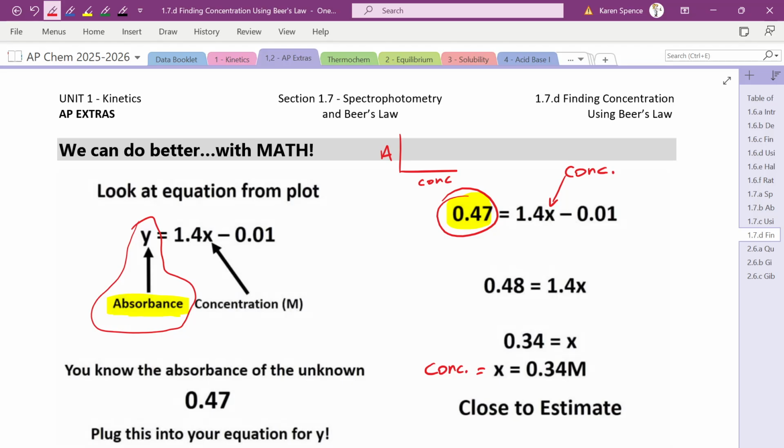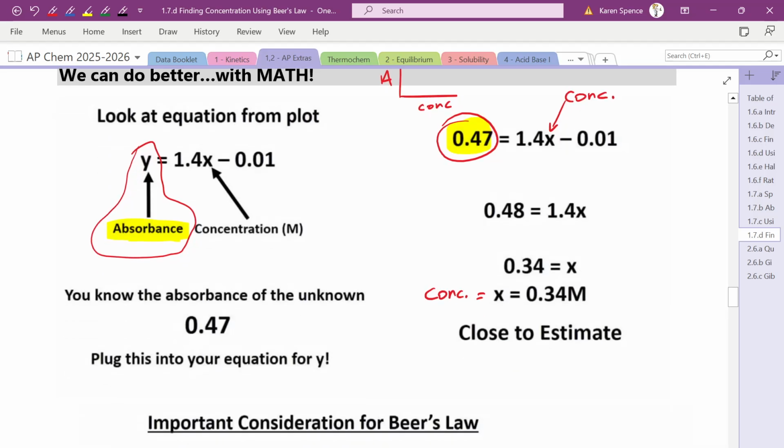So it can go above 1? No, it really can't go above 1. Because that would be like 100% transmittance. Or actually, it would be 0% transmittance. So that would be like opaque. Yeah, no unit for absorbance.